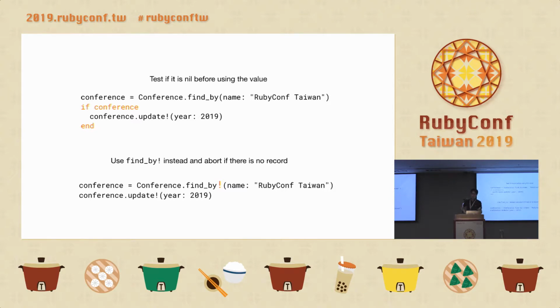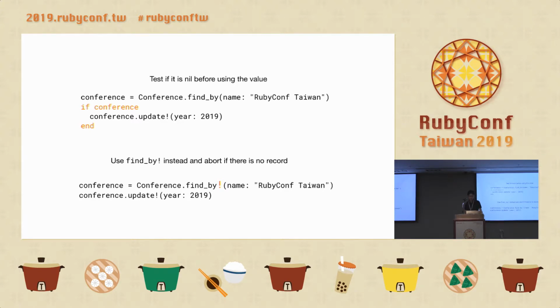So we want to avoid this kind of error, and we can fix the program in several ways. The first one is we can test if the value is nil before using the value. So we add the if, and we test whether the conference value is nil or not. Then we can call update_ban.